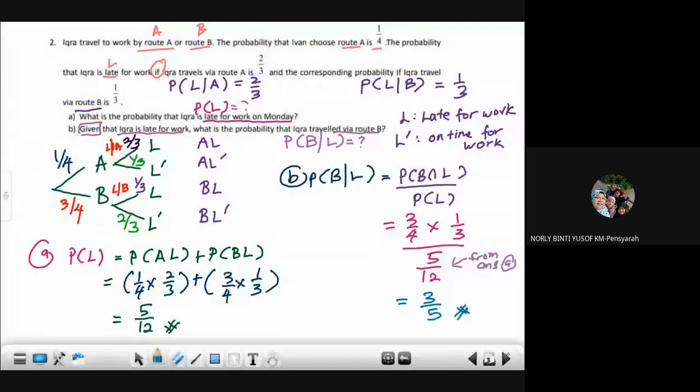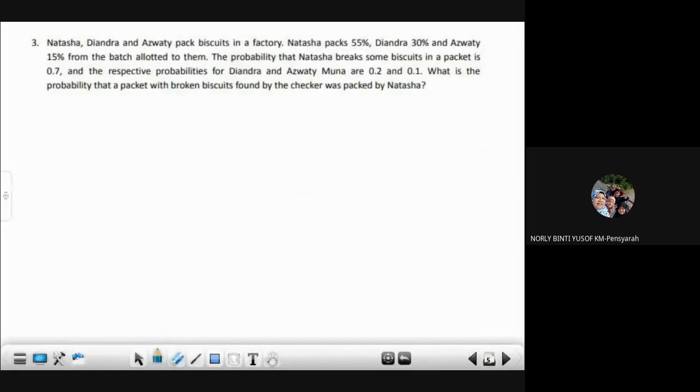Okay, so it goes for question number 3. Okay, Natasha, Diandra, Azwati pack biscuit in a factory. Natasha packs 55%, dan Diandra 30%, Azwati 15%.